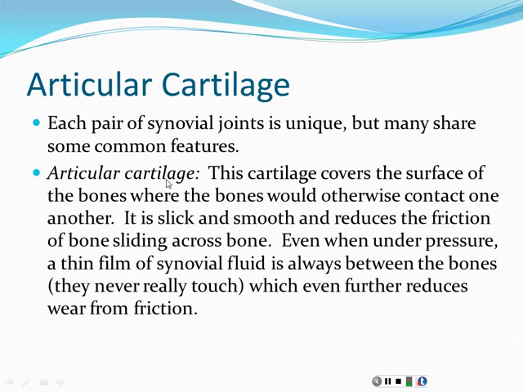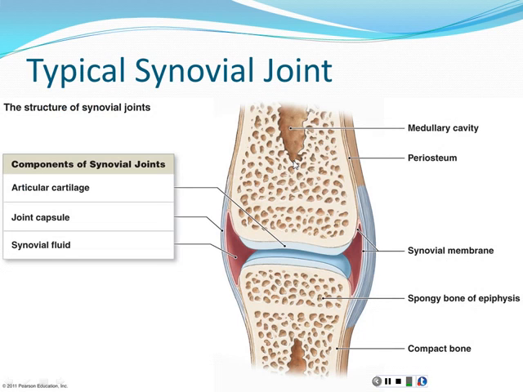So one is the articular cartilage. At the end of any bone that's part of a joint, we have an area of cartilage that prevents bone from touching bone. Anytime you have honest-to-goodness bone in contact with other bone, that bone is going to wear away.